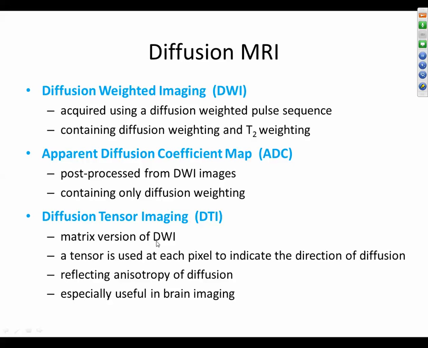At each pixel, a tensor or a matrix is used that indicates both the magnitude and the direction of diffusion. So it incorporates the direction information. In this way, it can reflect the anisotropy of diffusion. It is very useful in brain imaging because in the brain, water molecules preferentially diffuse along the axial direction.